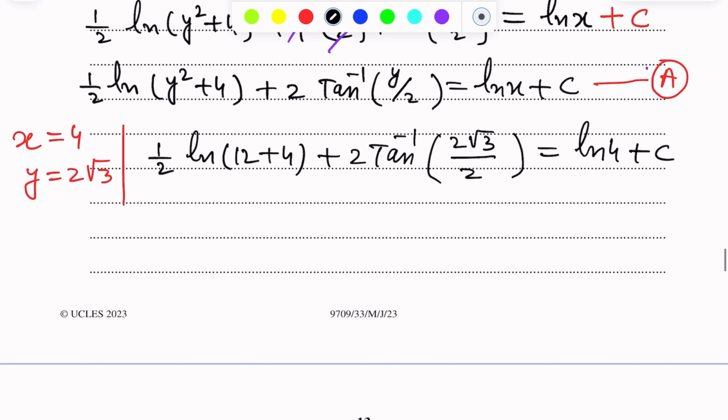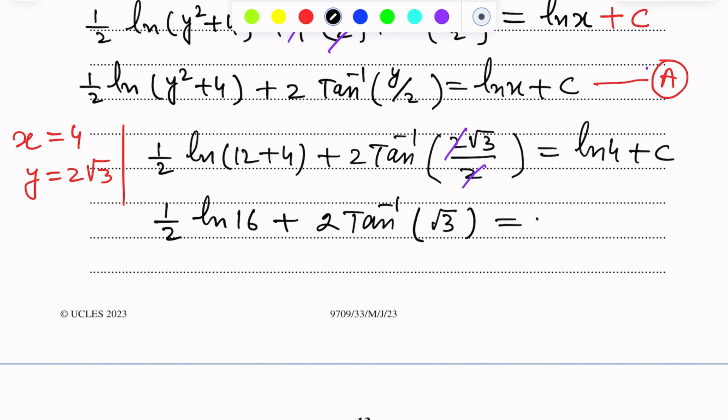Further simplification: 1 over 2 log 16 plus 2 tan inverse under root 3 is equal to log 4 plus c.